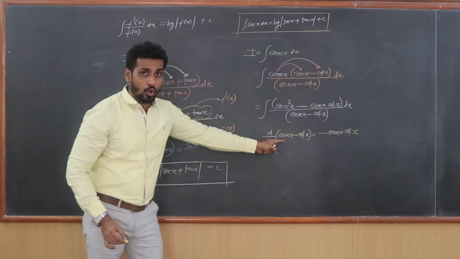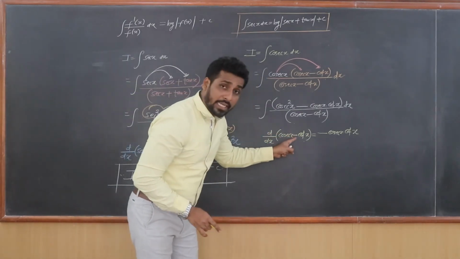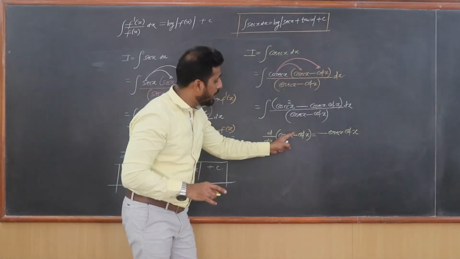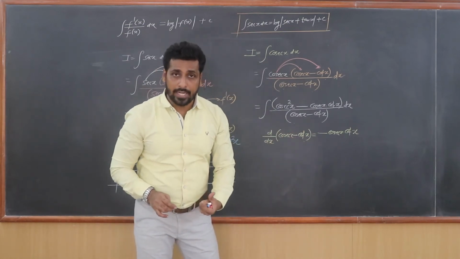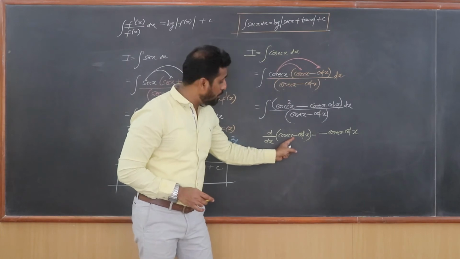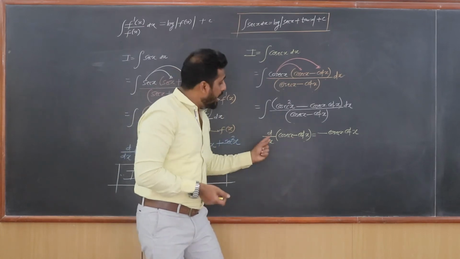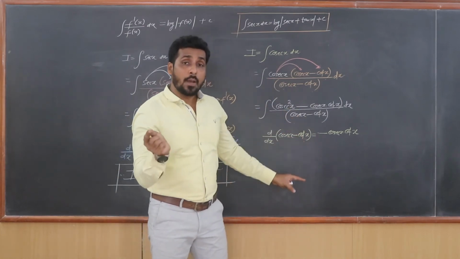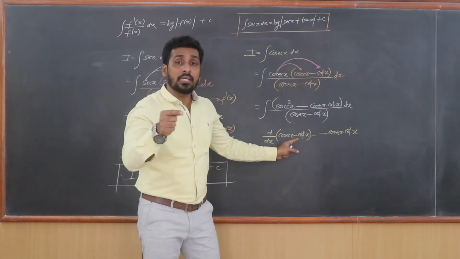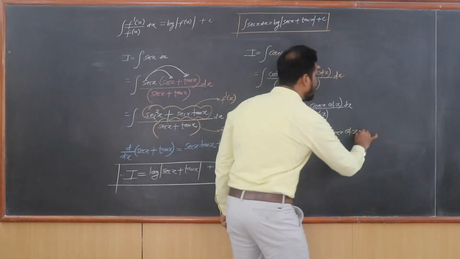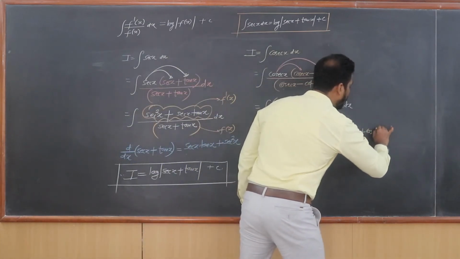Now, there is a minus sign in between. And the derivative of cot x is minus cosec square x. The minus sign already present and the minus from the derivative, minus and minus became plus. So my answer is plus cosec square x.